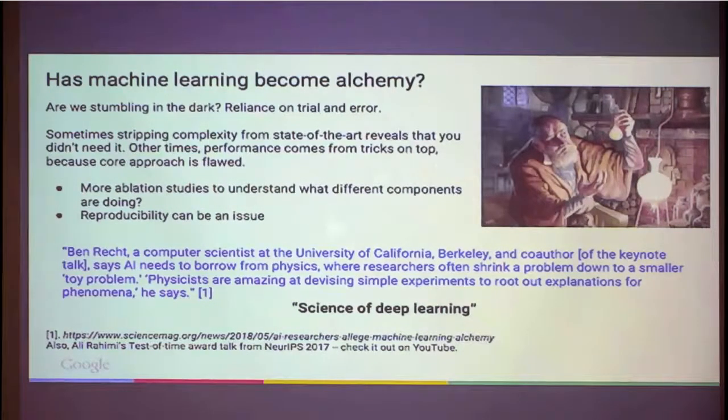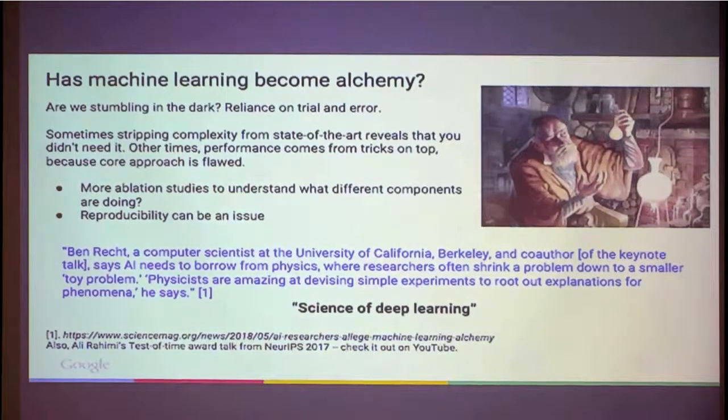So maybe some background context on this, and also this picture, which is great, taken from his talk. The state of deep learning since 2012 has been a lot of trial and error. There aren't a lot of principled ways of going about these things. As you saw, there's a huge design space in terms of the architectures I can choose.